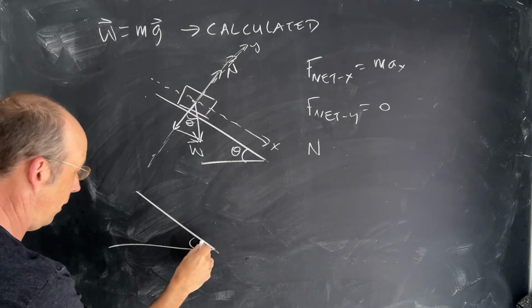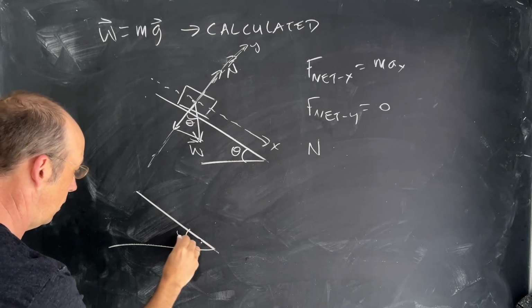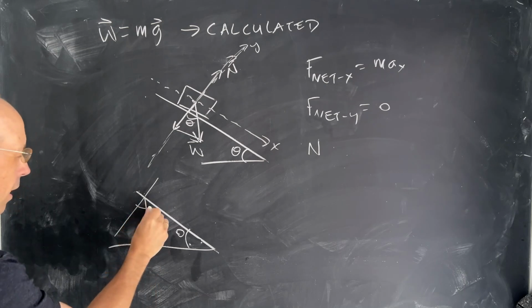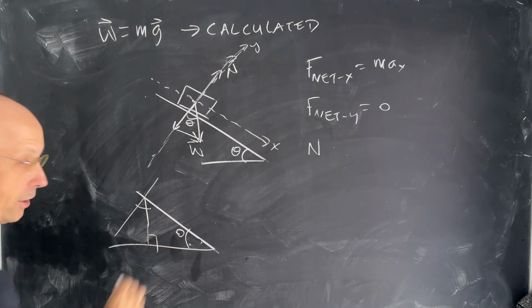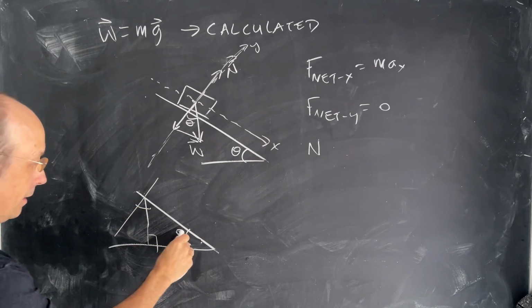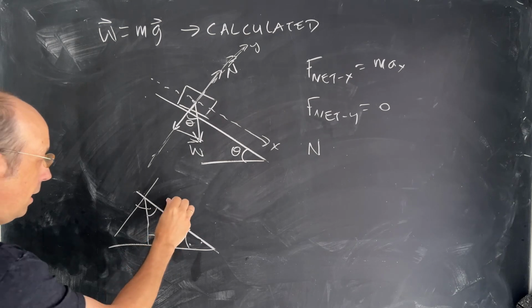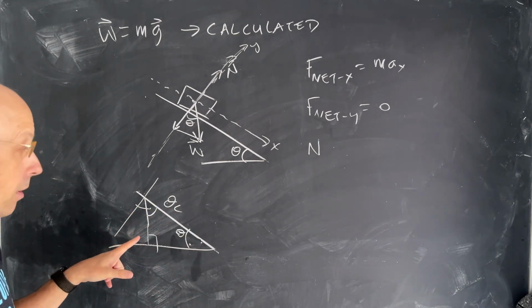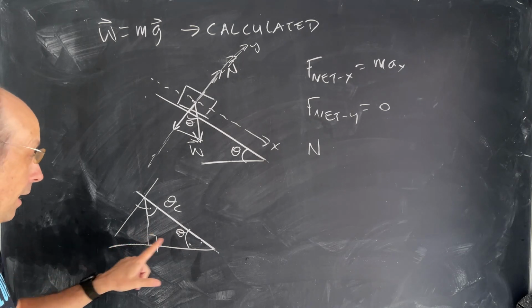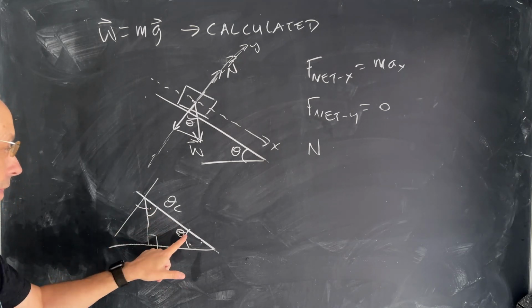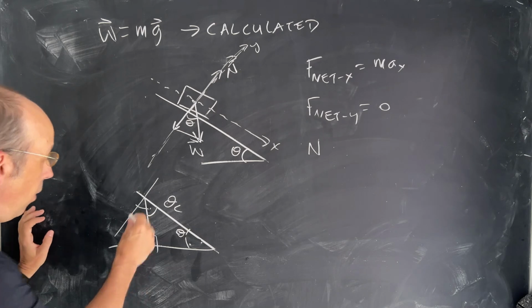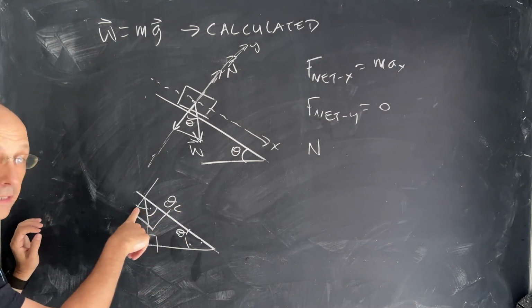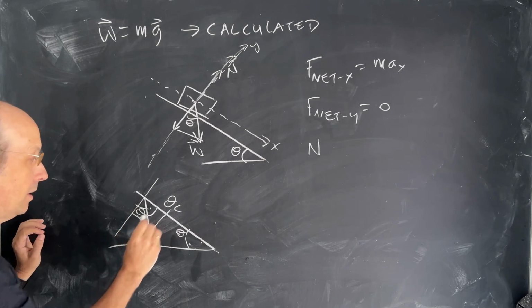If this is theta, and I have this, I want to find out that angle. Well, that's a right triangle. That's theta. This angle is the complement of theta, right? Because the angles in a right triangle have to add up to 180 degrees. So this has to be 90 minus theta. Well, now I have another right triangle right there, so I have the complement of theta, and that's the complement of the complement of theta, which is theta again.